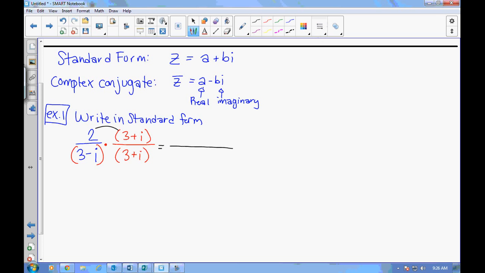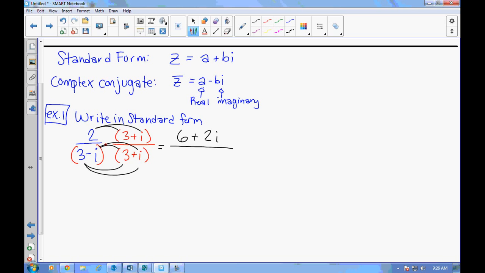If we distribute the 2 in, we get 6 plus 2i. Do you agree with that? 2 times 3 is 6. 2 times i is 2i. Okay. Would you on your papers go through and do double distribution on our complex number and its conjugate?